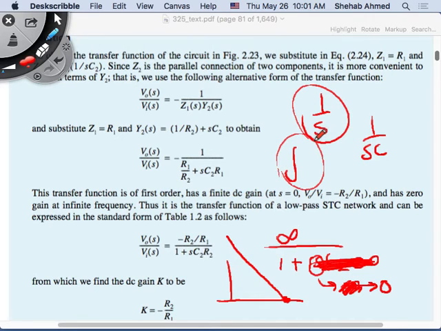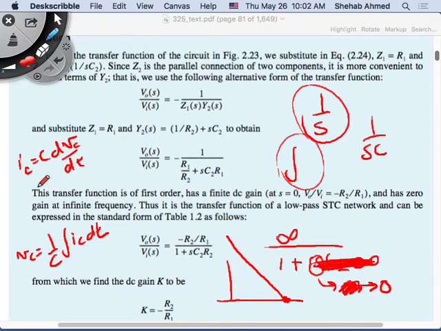Remember, IC equals C dVc by dt, and VC is equal to 1 over C integral IC dt. So IC is equal to SC, and VC is equal to 1 over SC.